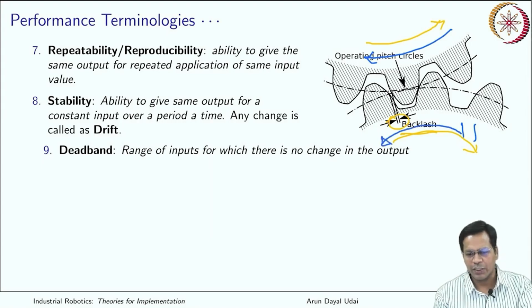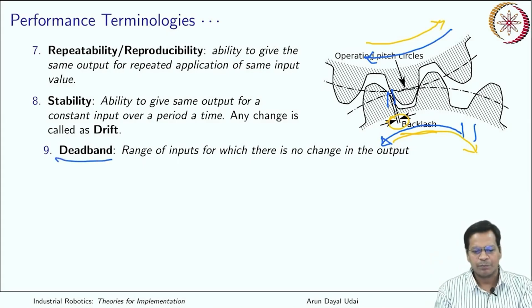This will take at least this much amount of time before it establishes contact. The driven shaft is not going to move. So that delay is there. So that is the dead band, when your output is not changing even though your input has changed. So that is a dead band.